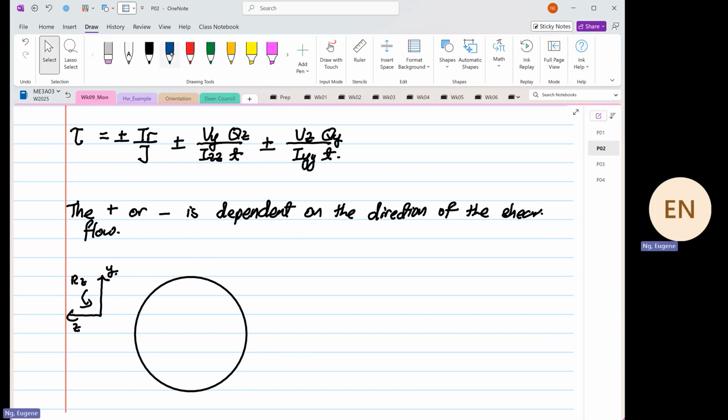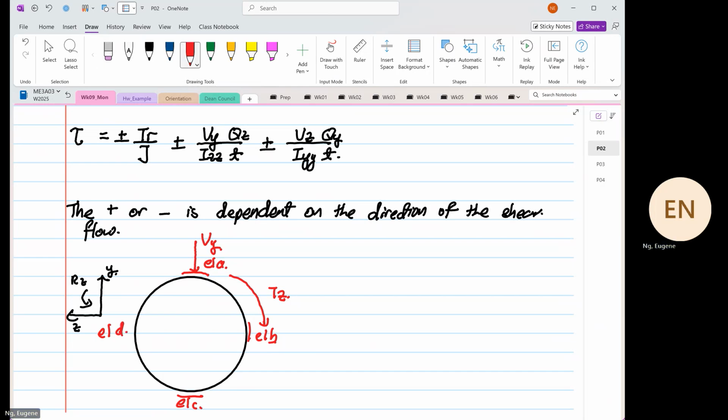This cross section is under a load, and the load is Vy. And it carries a torque, which is going in this direction, which is Tz. So we are going to have elements now. We are going to label them as element A, element B, element C, element D.